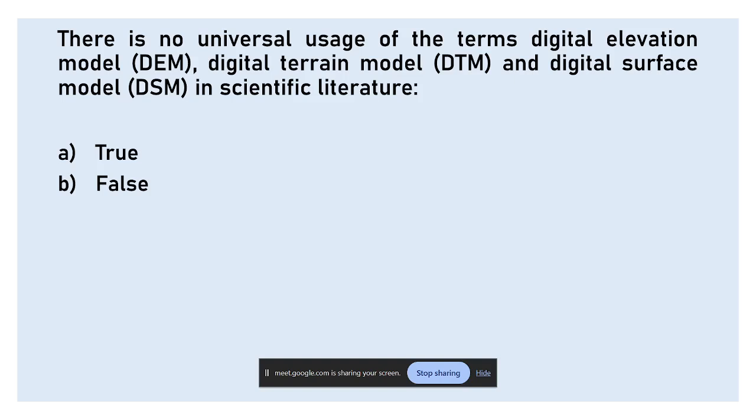There is no universal usage of the terms digital elevation model (DEM), digital terrain model (DTM), and digital surface model (DSM) in scientific literature. It can be used hand in hand, it's not a universal usage. Is that true or false?